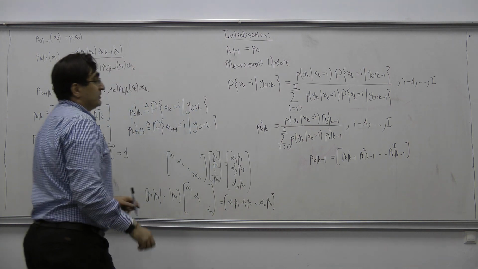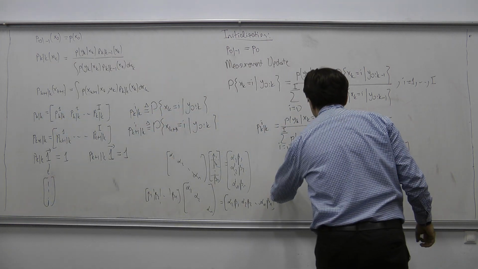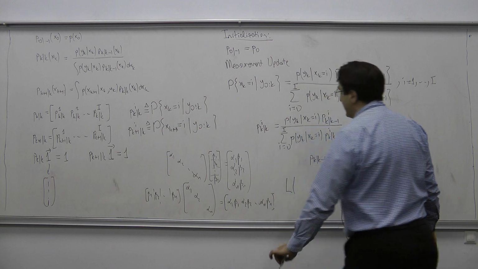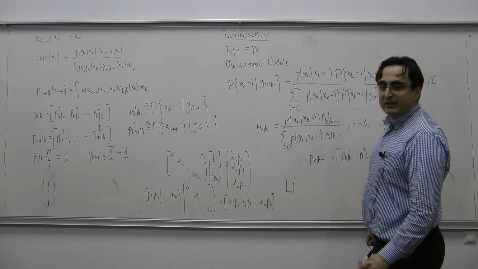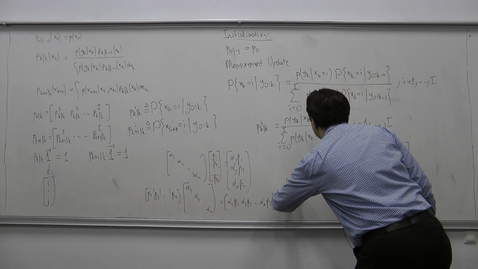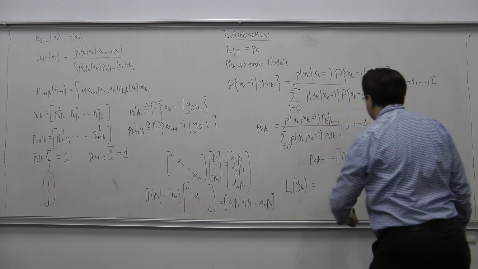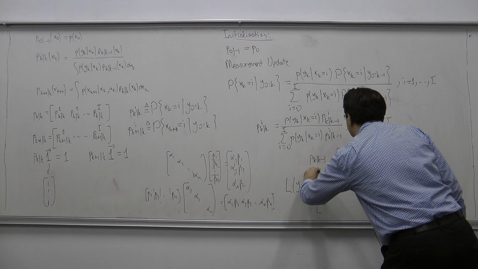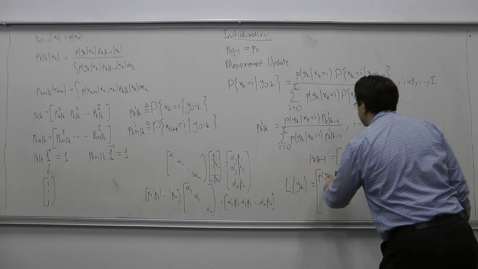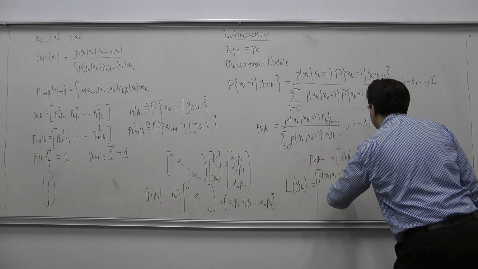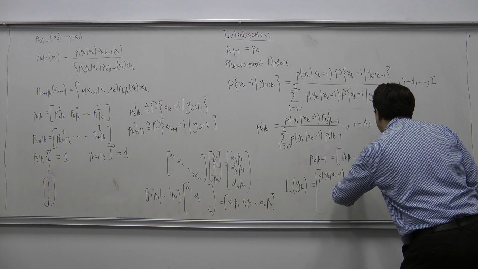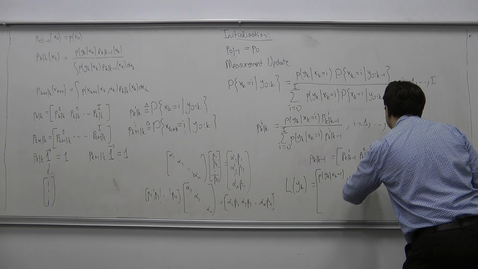Okay? So the first thing that I'm going to do is to define a matrix capital L. L stands for likelihood here. The likelihood of y_k matrix is going to be defined as p(y_k | x_k = 1), p(y_k | x_k = 2), going until p(y_k | x_k = I), whatever the value of the output is.